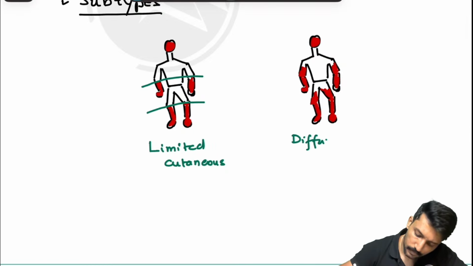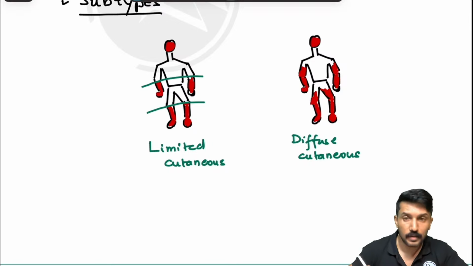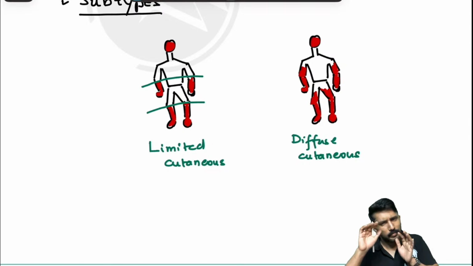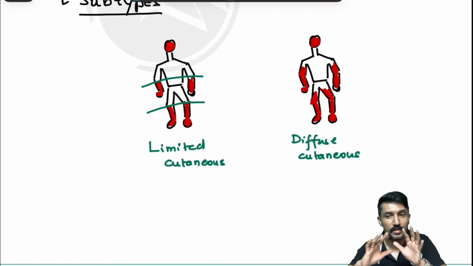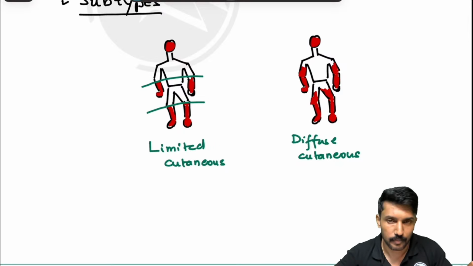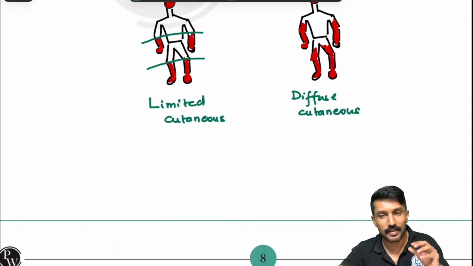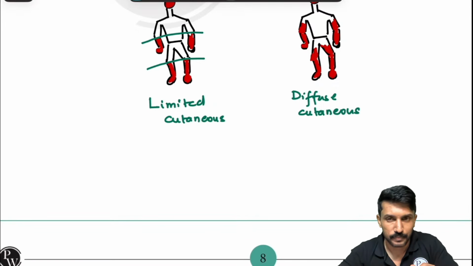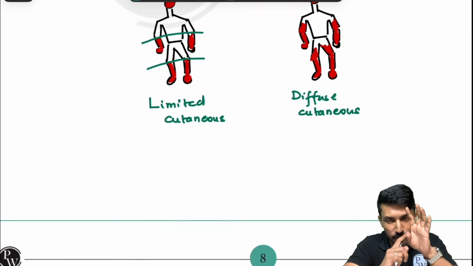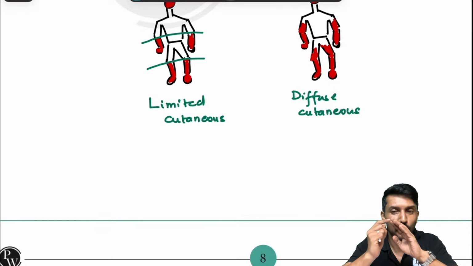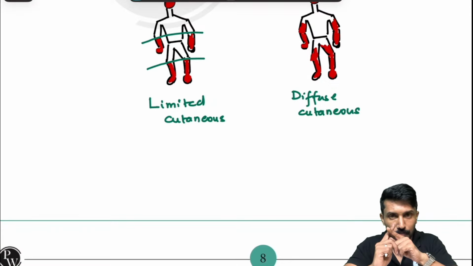The basis is the same, the extent of skin involvement, but the two diseases behave totally differently, right? Why? The patients of limited cutaneous are particularly prone to severe Raynaud's phenomenon, digital tip or fingertip ulcers, pulmonary hypertension, and mortality due to pulmonary hypertension.